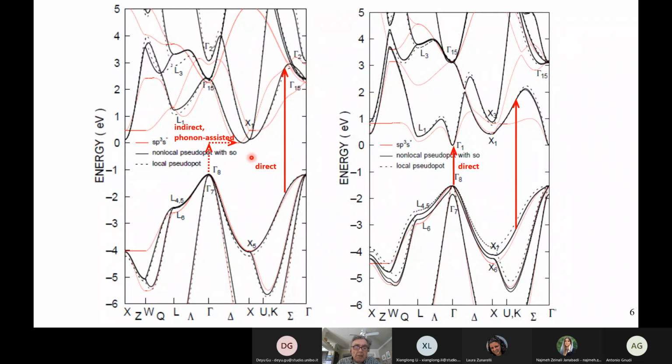In an indirect material, things are very different, and that's why, for example, silicon is not used much in optoelectronics. You need something else. Usually the threshold of your absorption spectrum will be given by whatever the gap is. For silicon, you see that the gap doesn't change much.